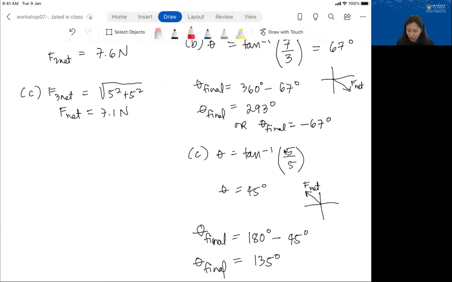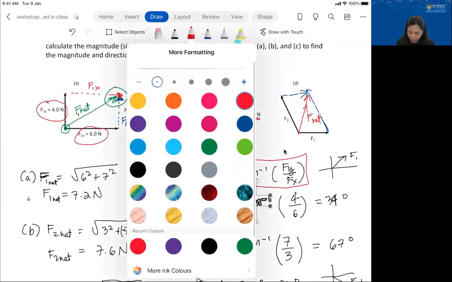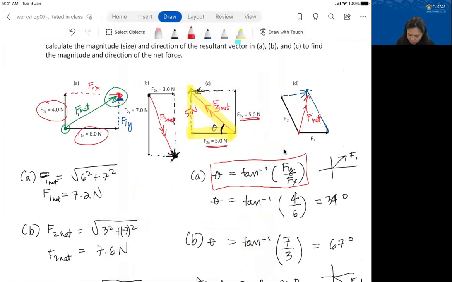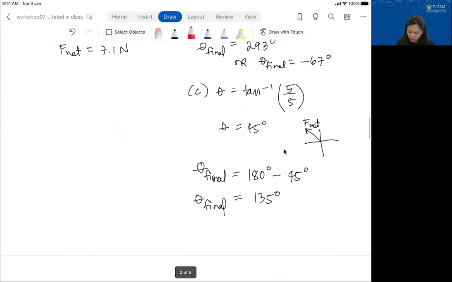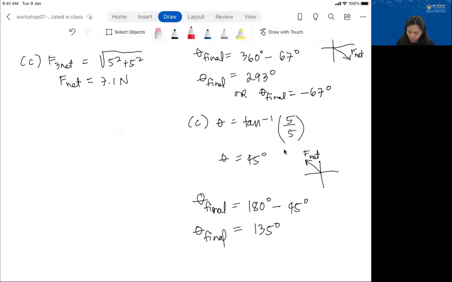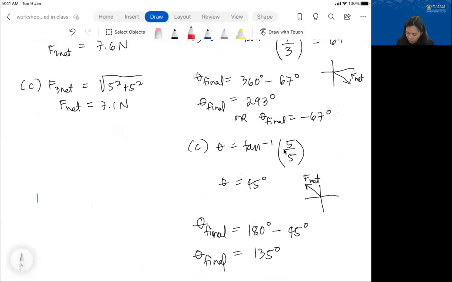Your final angle should be measured with respect to the positive x-axis. Your final angle should be this one. And that's why we had to subtract 180 degrees, because your force is in the second quadrant.